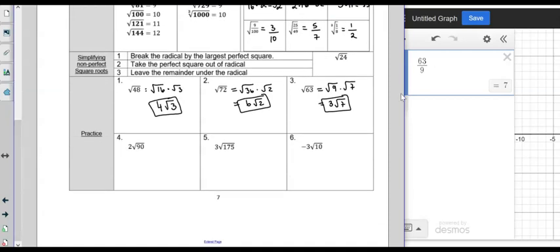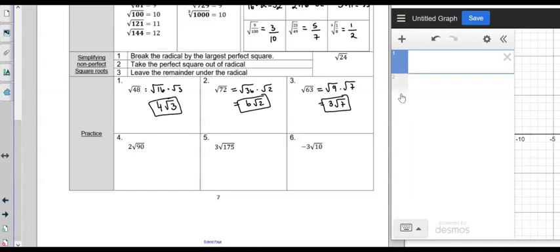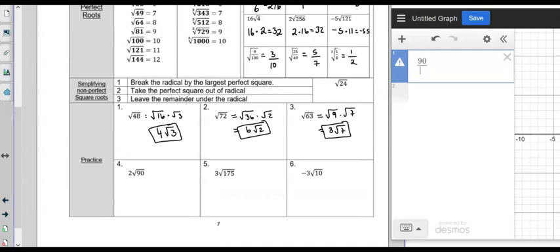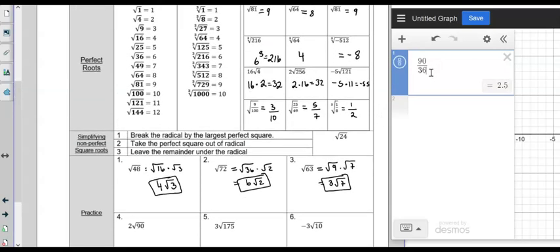All right, let's look at 90. So I'm going to start with 90 divided by, and I'm going to go here. Well, 81, you know, it's not going to work. 64, nope. And then you have 49, nope. And then you're going to have 36, nope. Another perfect square, 25, no. 16, no. So now what? 9? Yep, 9 works.